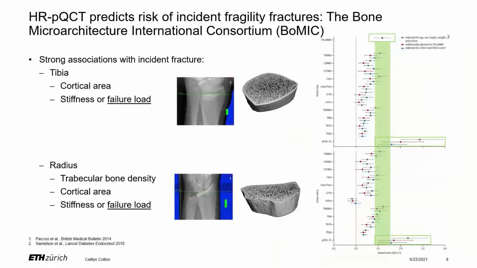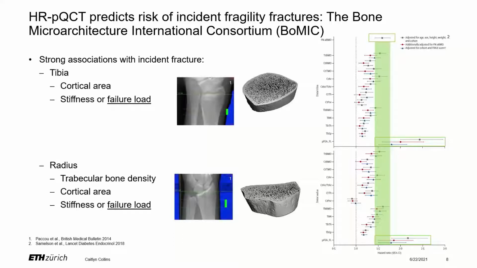And as we've seen from some of the previous talks, HR-pQCT is a strong candidate for analyzing differences in patient populations. From the BOMIC study, they analyzed parameters derived from HR-pQCT against the clinical standard, here femoral neck areal bone mineral density.